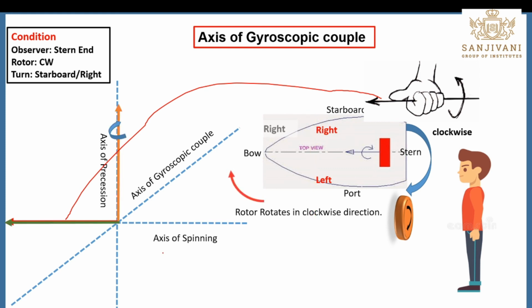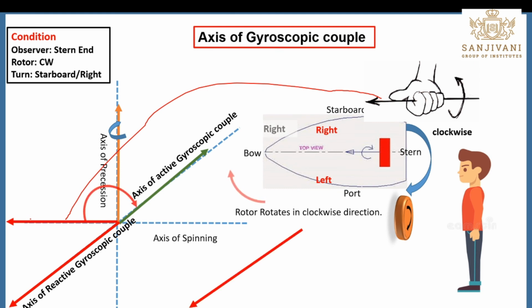That means you need to rotate the axis of spinning in the clockwise direction till it approaches the third axis, which is the axis of gyroscopic couple. This is the axis of active gyroscopic couple, but we are interested in the reactive gyroscopic couple. This is the axis of reactive gyroscopic couple.